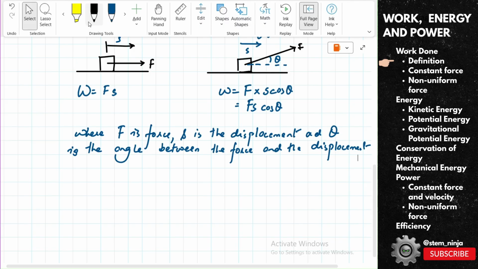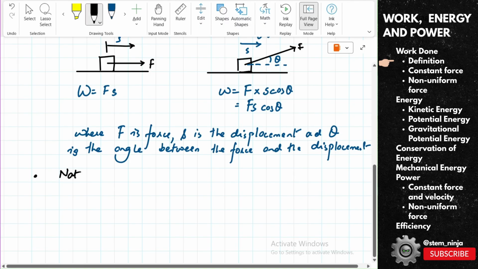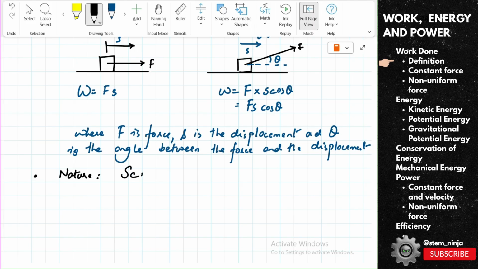The nature of this quantity is simply scalar.